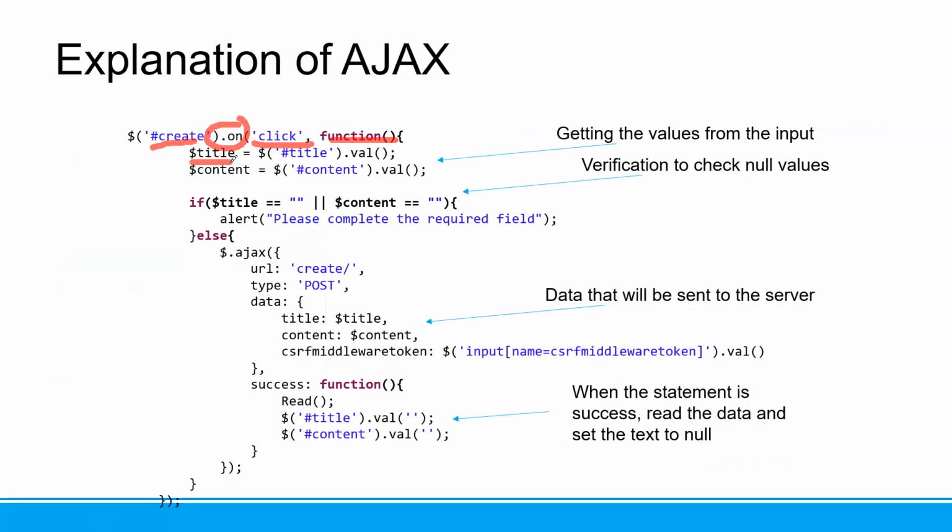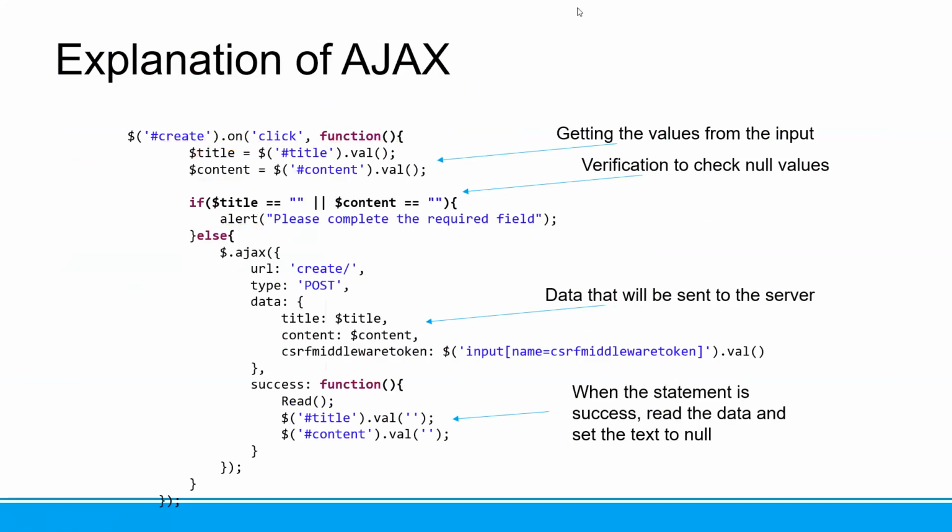let's have this one. This is the way to define the variable. I put dollar title, dollar content, to make it easy to distinguish between variables and the other kinds of syntax in this Ajax.